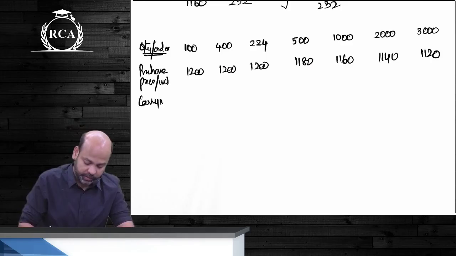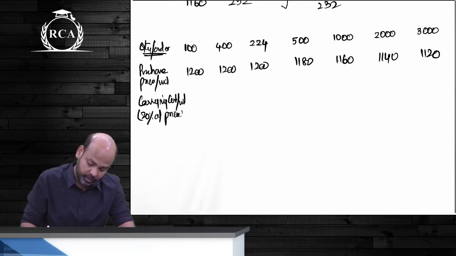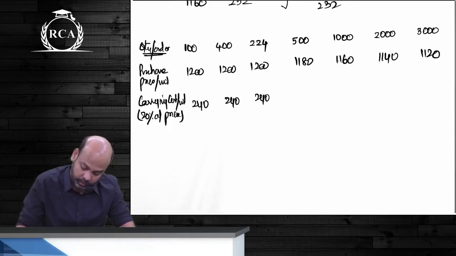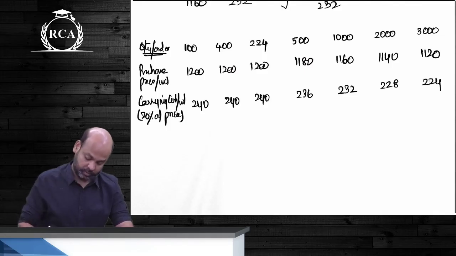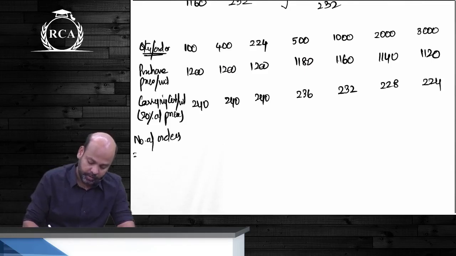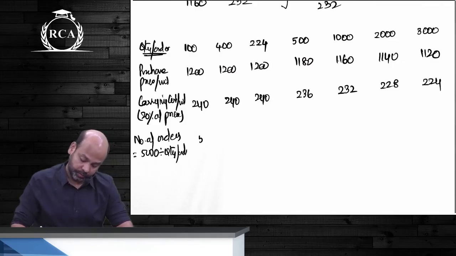You can start, guys. Carrying cost per unit beta will be 20% of price. Number of orders would be 5000 divided by quantity per order. 50.